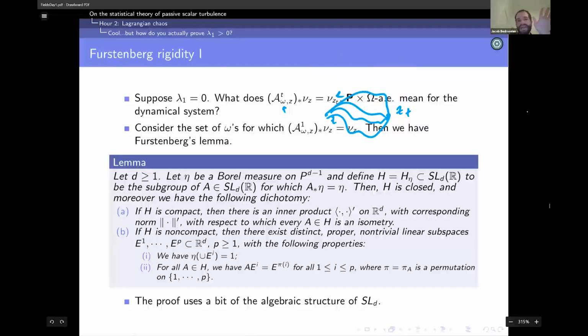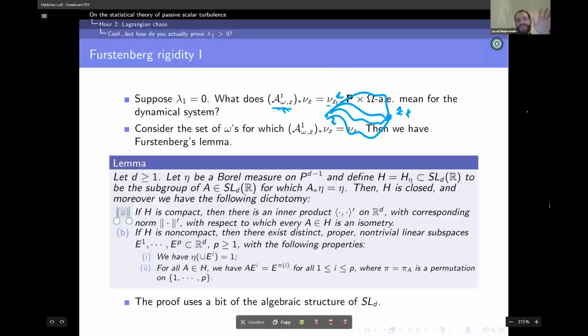Because this only depends on where you ended up, whereas this depends on the entire trajectory. And so this is a really strong, almost sure degeneracy, but it's a conditioned on endpoint degeneracy. That's crucial.